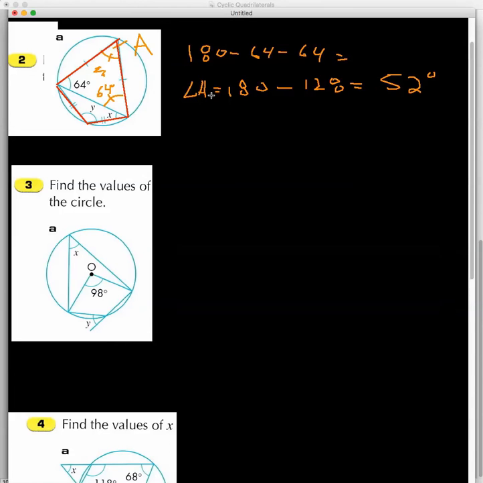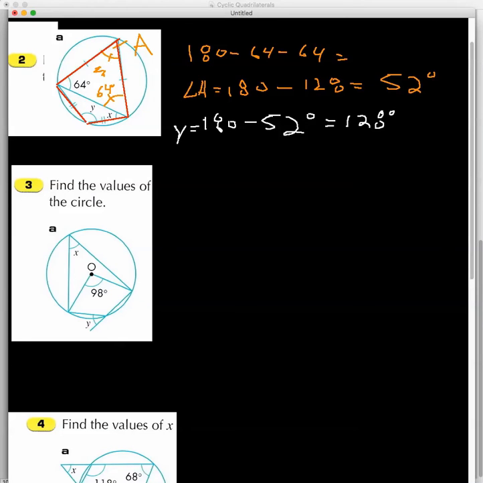So there is our cyclic quadrilateral, and that allows us to look at across from A. The point across from A is this point Y, and using our theory, we know that simply 180 degrees minus 52 degrees should give us this angle here in the corner, which is our Y. So Y is equal to 180 minus 52, which is 128 degrees here. Okay, so we have Y.